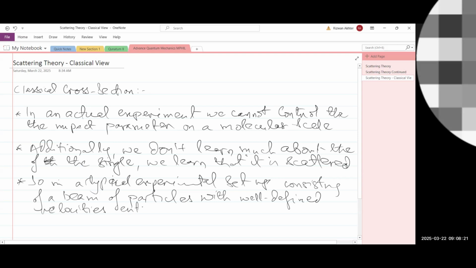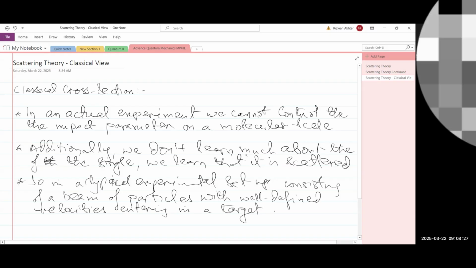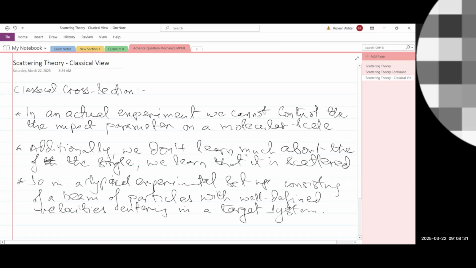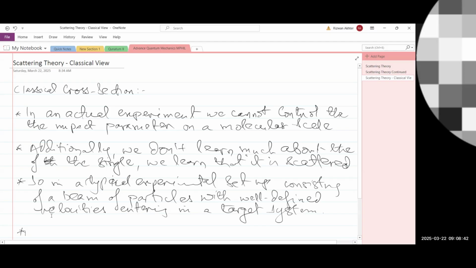These particles enter a target system or target particles. The projectiles then impinge on the target particle with all possible impact parameters.